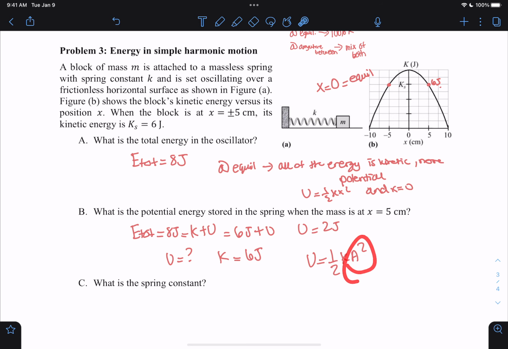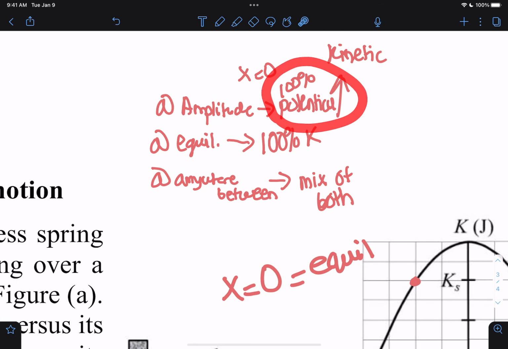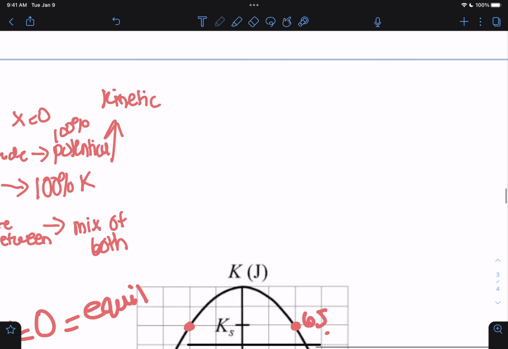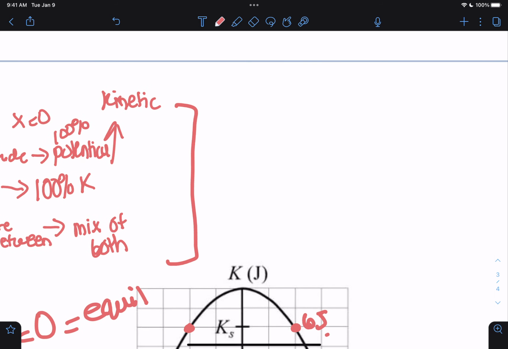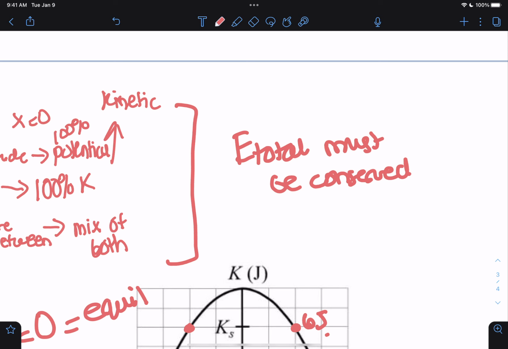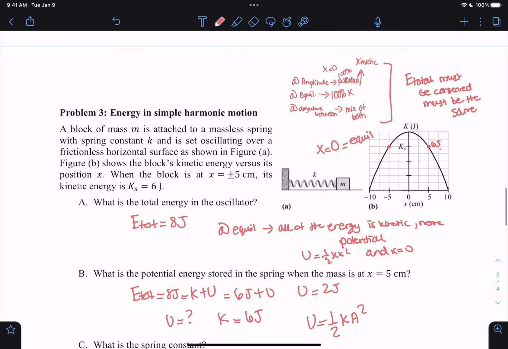At the amplitude, remember, it's 100% potential. Once again, at any of these points, total energy must be conserved and must be the same. So I must have the same 8 joules throughout. The way I get those 8 joules will differ.